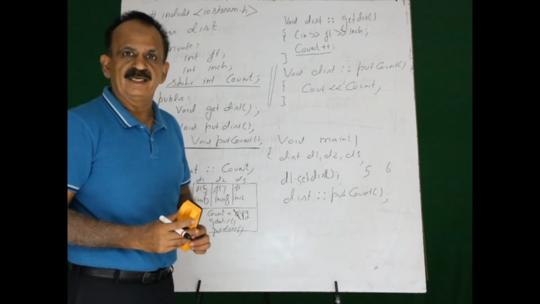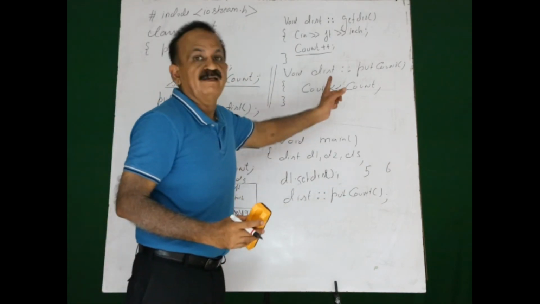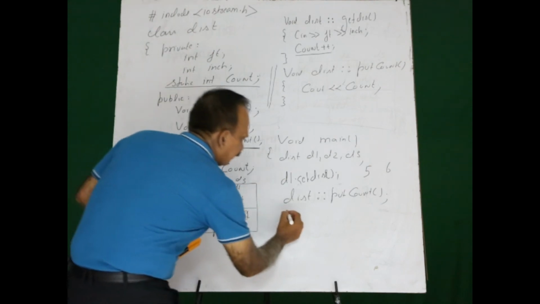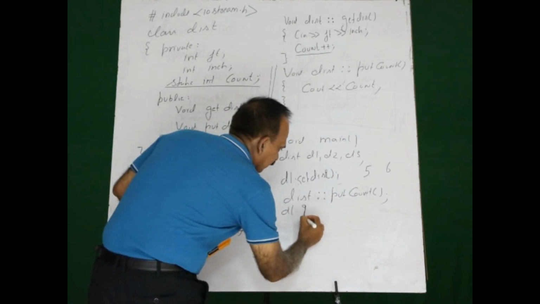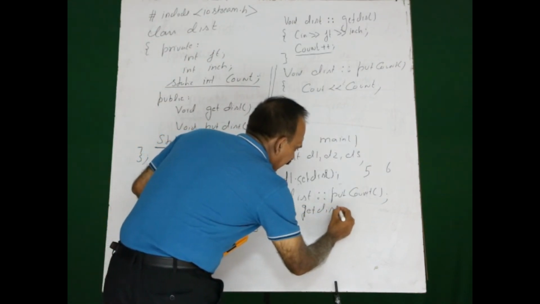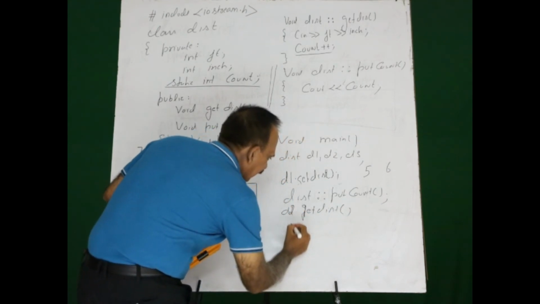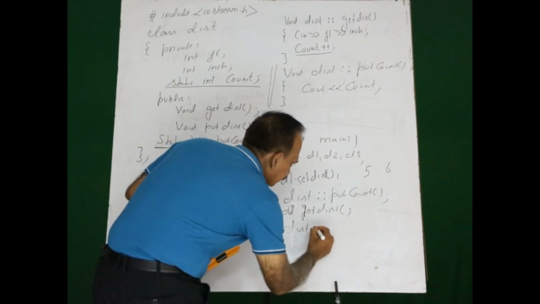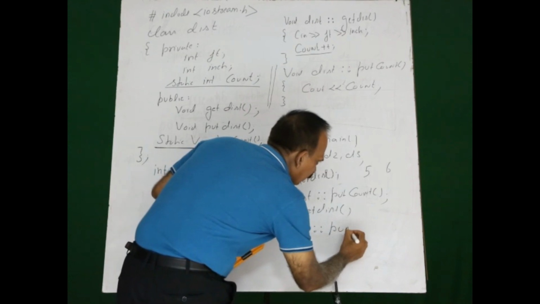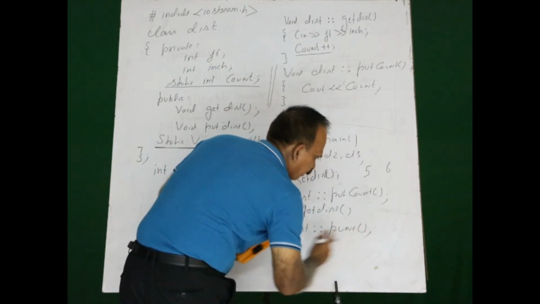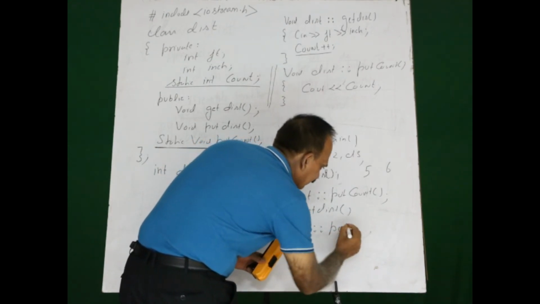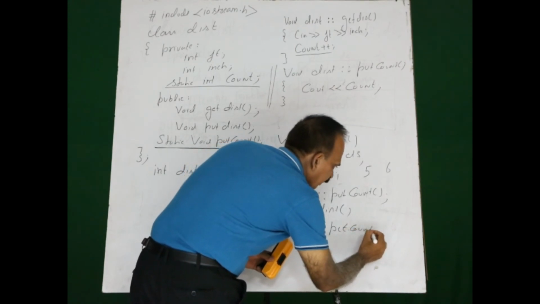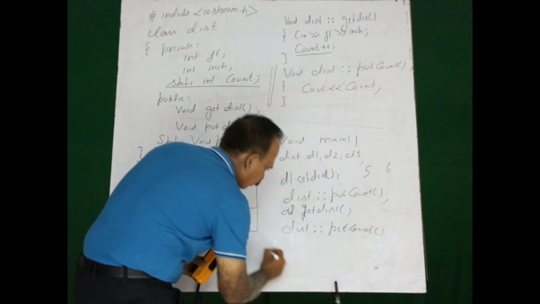This will be printing the static data item. Say if it is d1.get_distance, and now d2.get_distance, and now I say distance::put_count, the value printed will be 2.